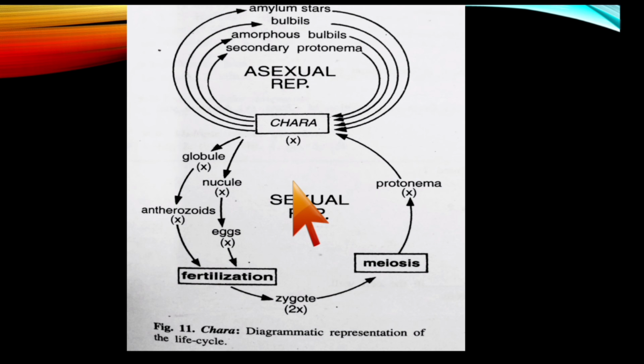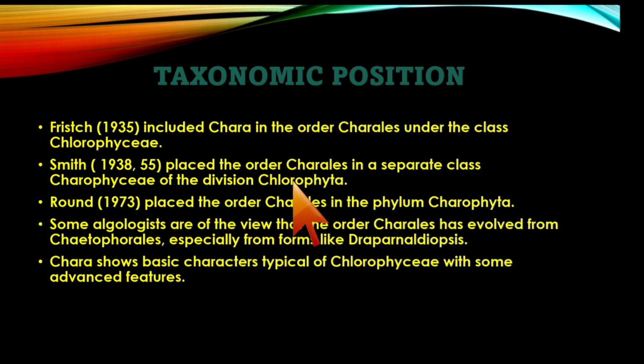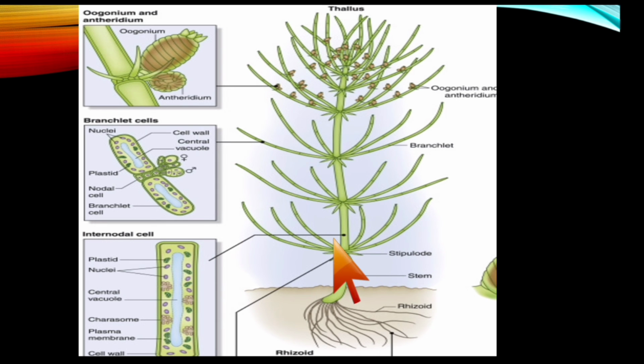But some algologists are of the view that the Charales have evolved from Chaetophorales, especially from forms like Draparnaldiopsis. That means Chara resembles Draparnaldiopsis in the presence of those nodes and internodes.